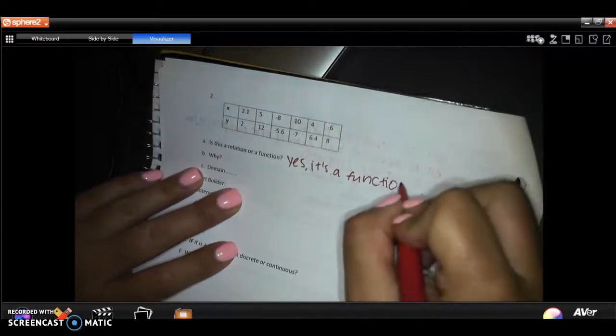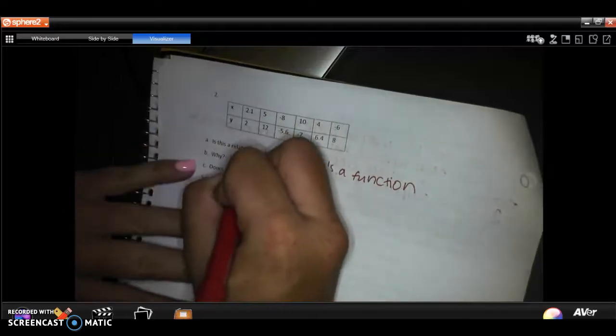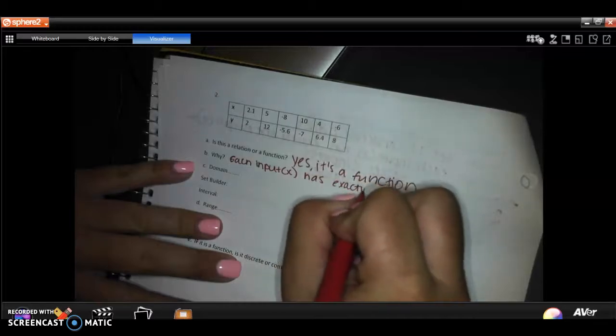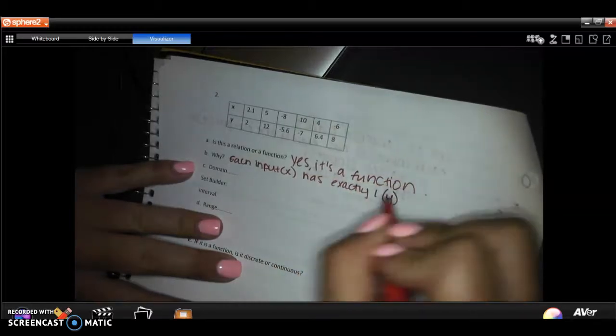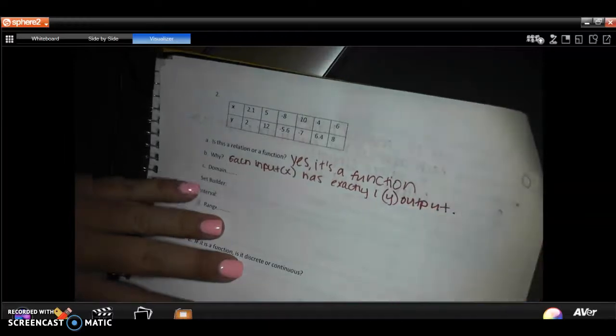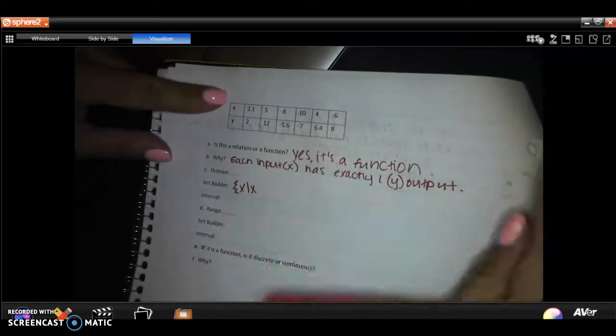X is not repeating itself, so that means each input, or x, has exactly one y value, which is our output. Domain, set builder. That's our x values from least to greatest. So x, so that x.